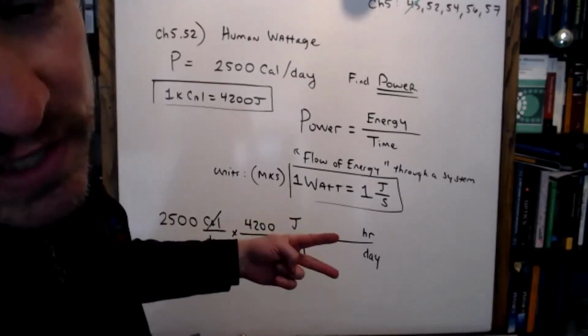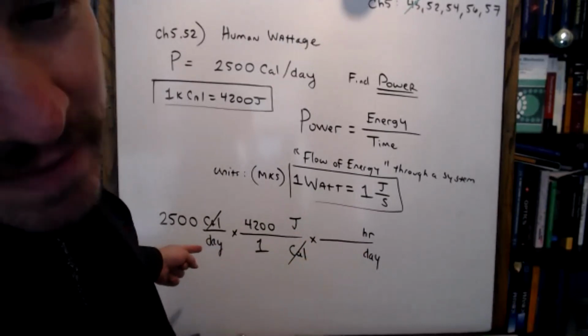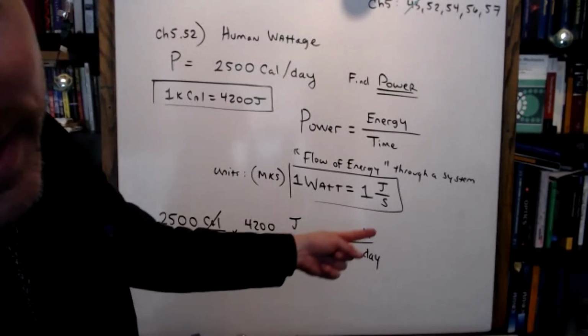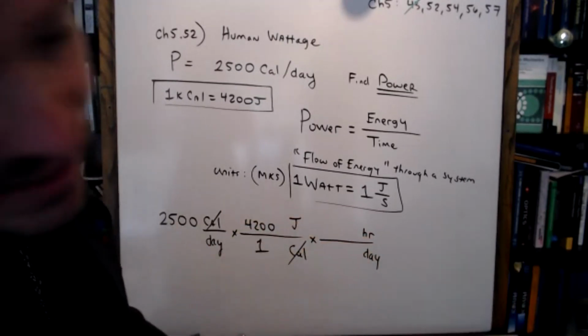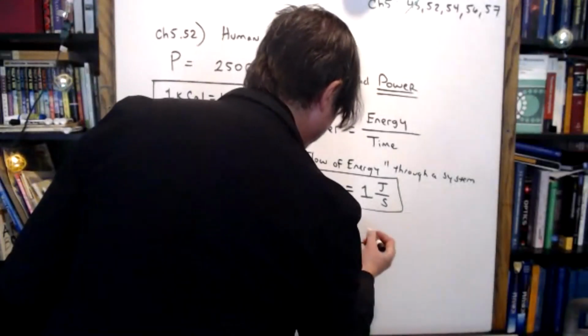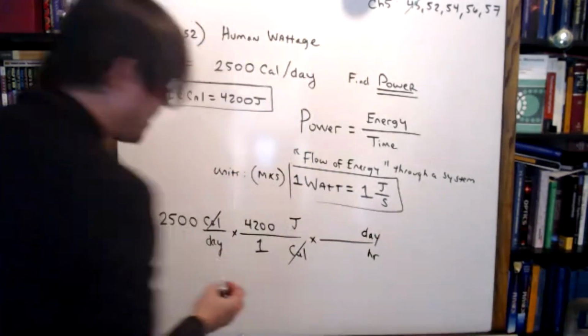Right. See, Wyatt's used to thinking, whatever I want to get rid of, I want to put on the bottom. But the problem is he's forgetting that the days are already on the bottom. That will lead to units of joule hours per square day, which doesn't sound very pleasant. Paul's correct. Day needs to be on top this time, Wyatt, and hours on the bottom.